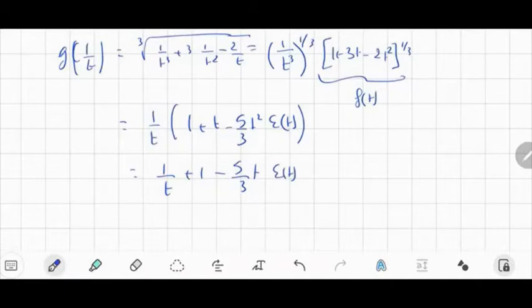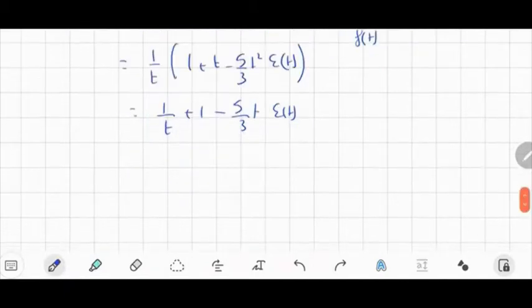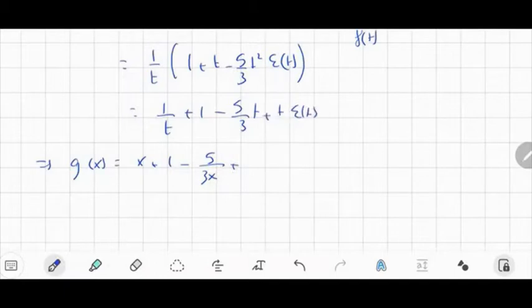And you see, in here they told us to go to the second order, but the idea was to arrive here at a first order in t, so it would be the first non-zero order in 1 over x, sorry. Then g of x would be equal to x plus 1 minus 5 over 3x plus 1 over x epsilon of 1 over x.